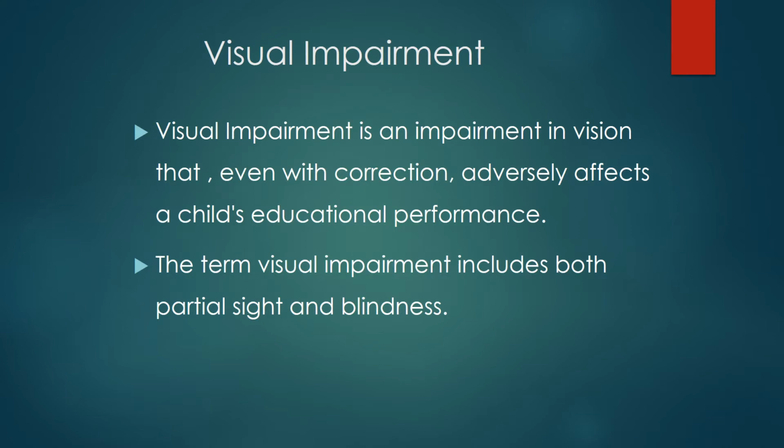First thing, what is visual impairment? Visual impairment is an impairment in vision that, even with correction, adversely affects a child's educational performance. It means it is a type of impairment which affects the vision or capacity of vision, that adversely affects a child's educational performance.